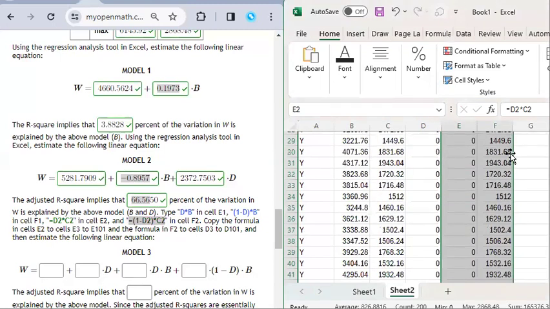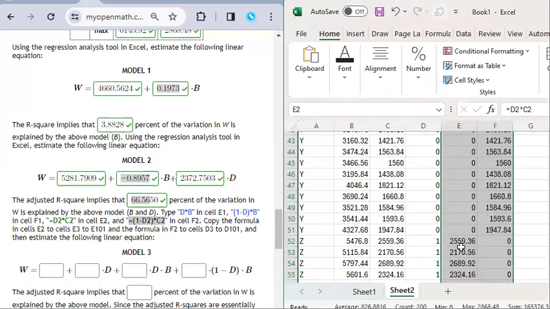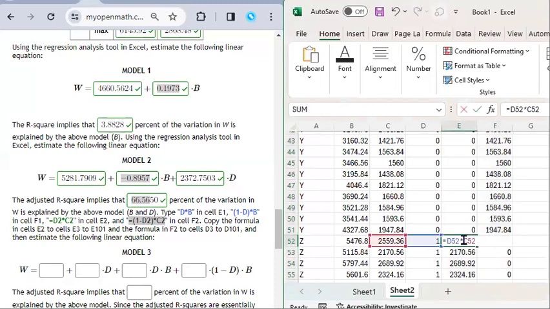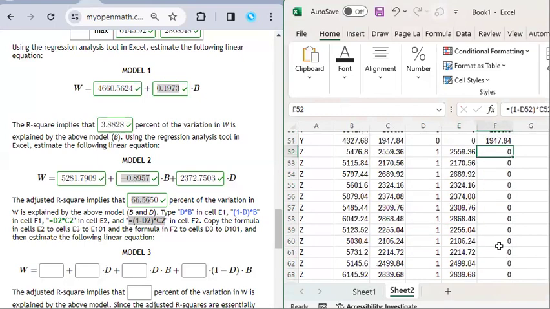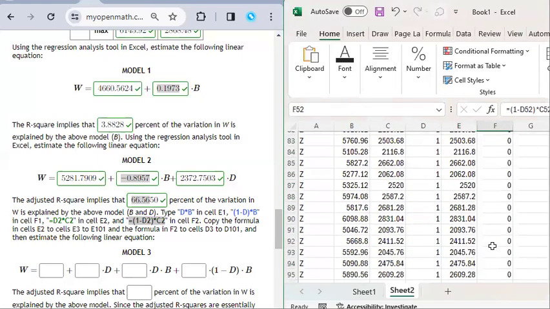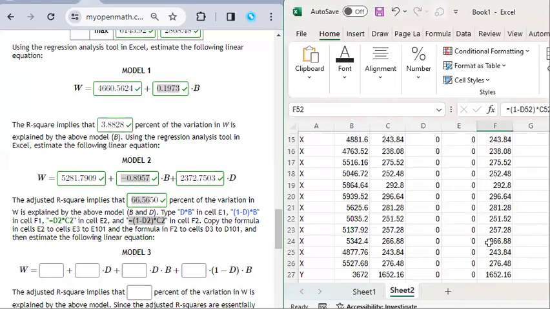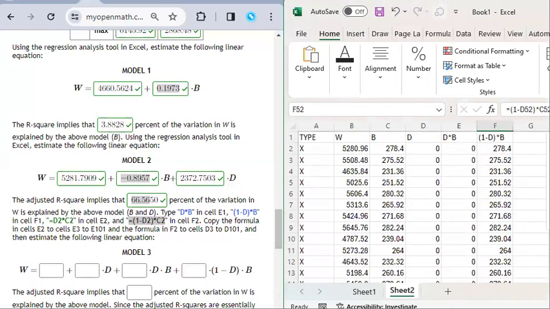Now, what happens when D turns to 1? All of a sudden, this value here is in column E, and we have 0 in column F. We're doing that because we're going to estimate a new model down here. We're going to estimate the model with an intercept, a coefficient for the dummy variable, a coefficient for the dummy variable times the benefit level, and 1 minus the dummy variable times the benefit level.